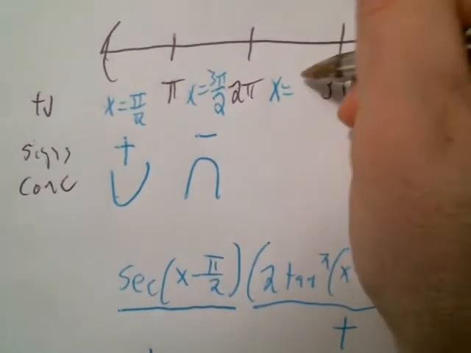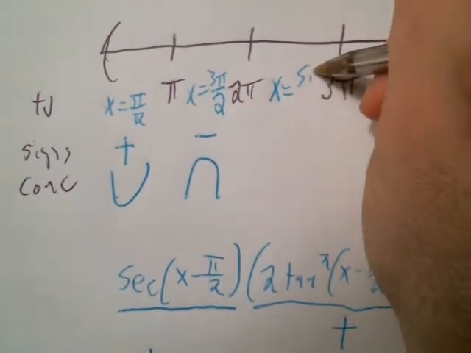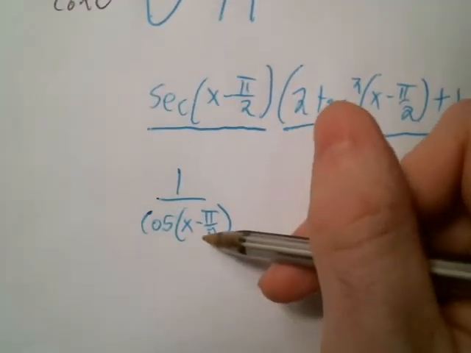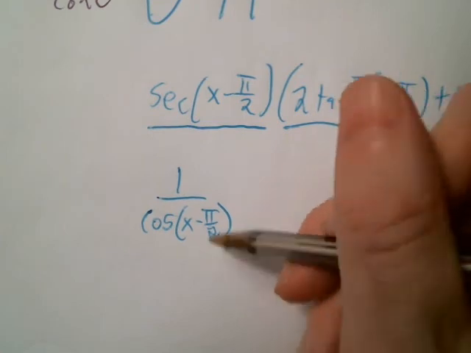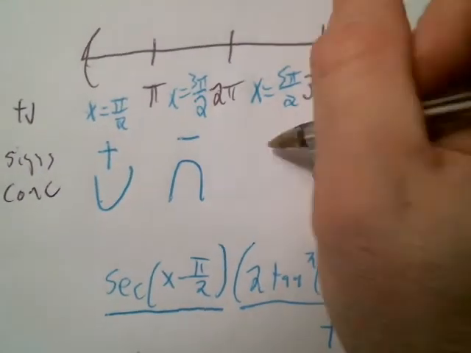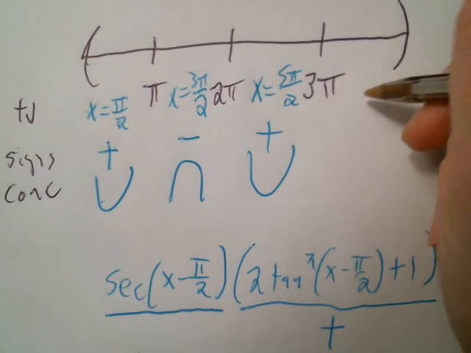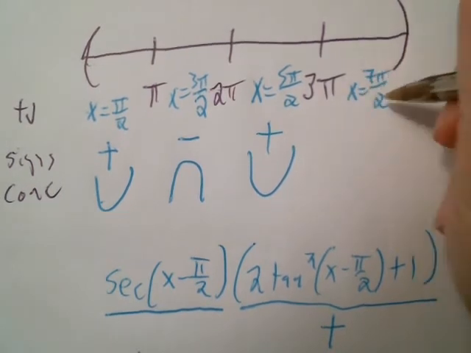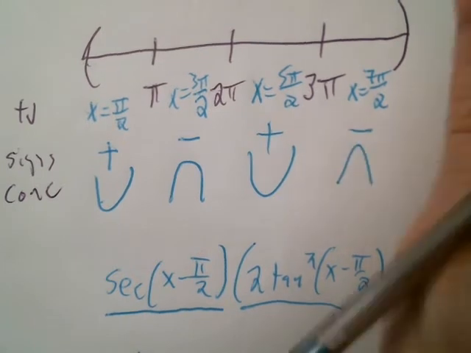Try x equals 5 pi over 2. So 5 minus 1 is 4 pi over 2. That's 2 pi, so that's positive, happy face. And then x equals 7 pi over 2 will probably be negative, sad face.